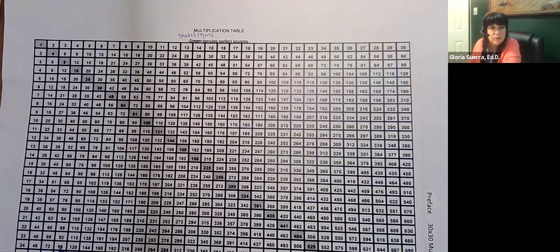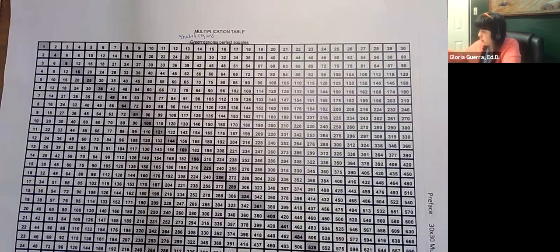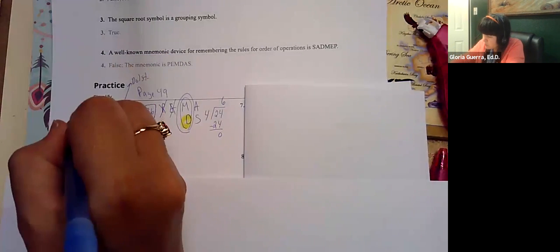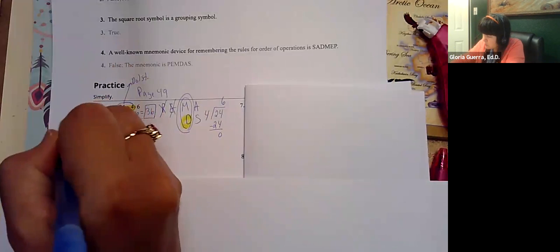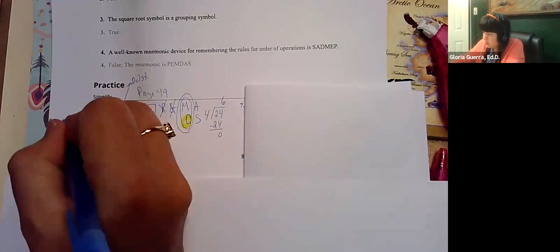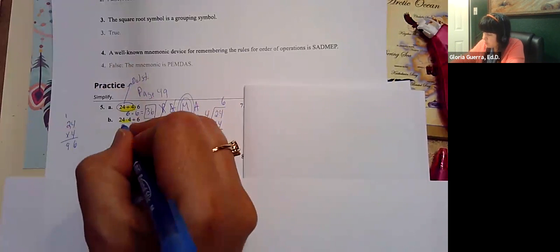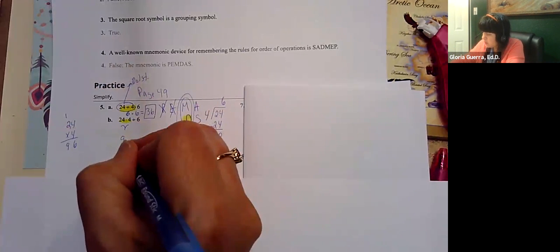So 24 times 4 is 96. Four times 4 is 16, carry your 1. 4 times 2 is 8, plus 1 is 9. 24 times 4 is 96.